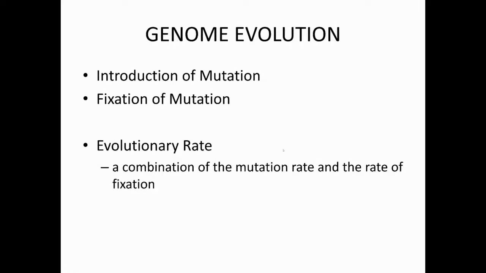For a genome to evolve, the first step you need is the introduction of a mutation, as we learned in chapter 2. If a mutation does not change the amino acid sequence of the polypeptide product, it's called a synonymous mutation.